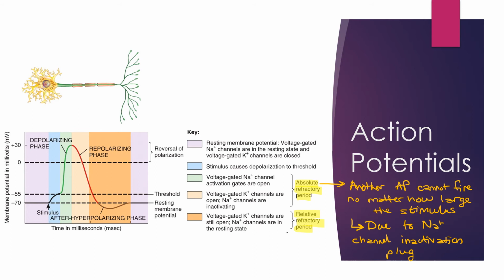Then we have that relative refractory period, and this is when another action potential can fire during this time, but only if the stimulation is large. So one of those suprathreshold stimuli.